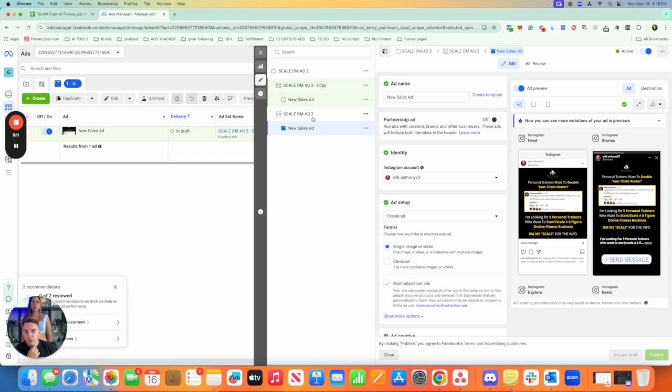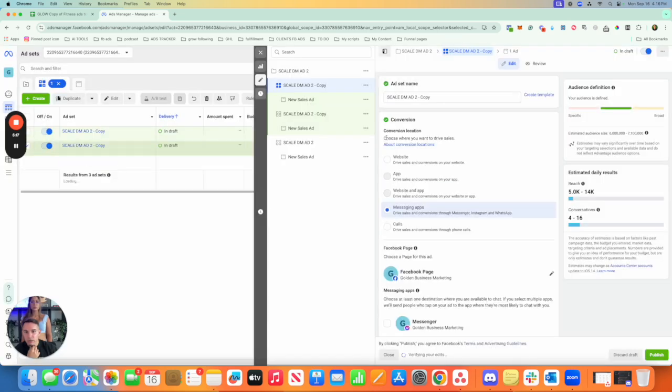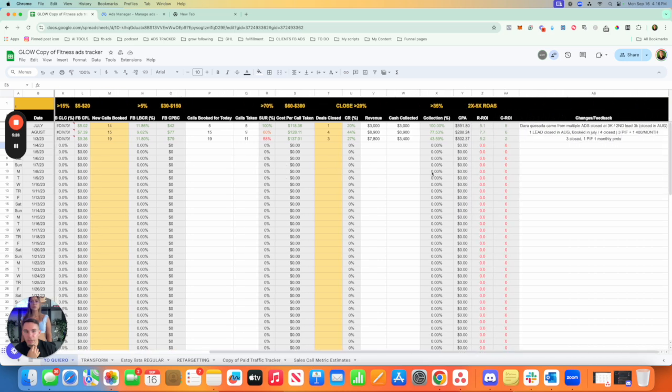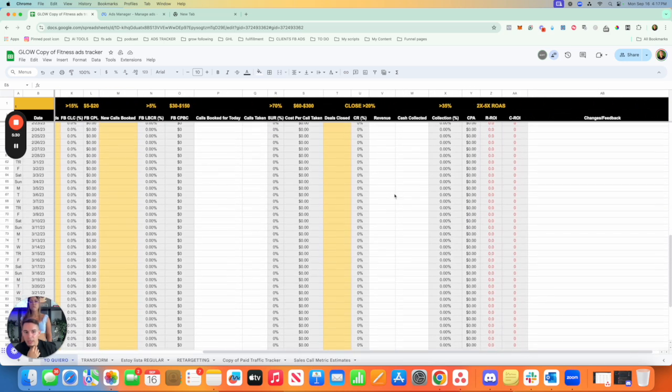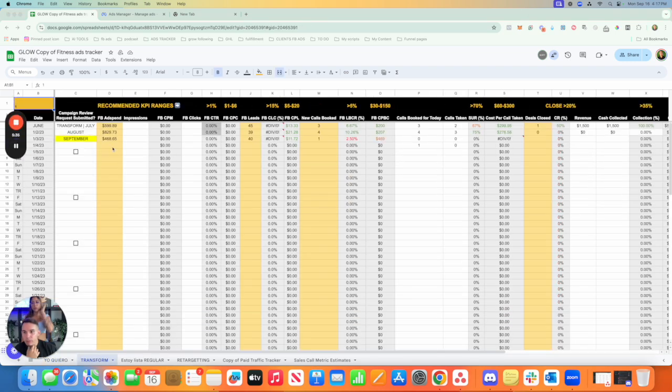Instead, you want to duplicate the whole ad set, which is this middle portion right here. And you don't have to change anything. All you literally have to do is just click on publish from here. I'm not going to do it because this ad isn't good, but for her specifically, she should be duplicating this because it's performing and giving her a 6x return on investment. That's our best one.